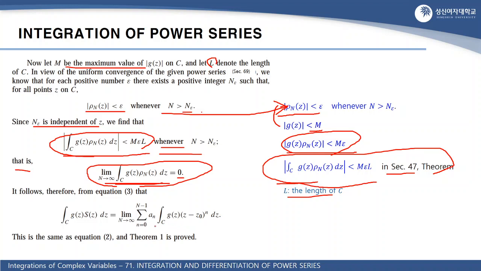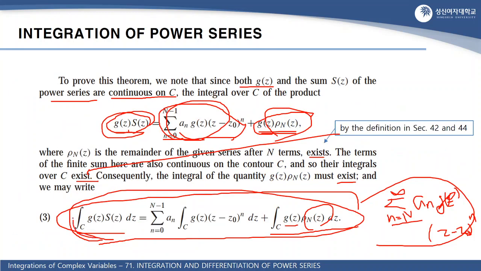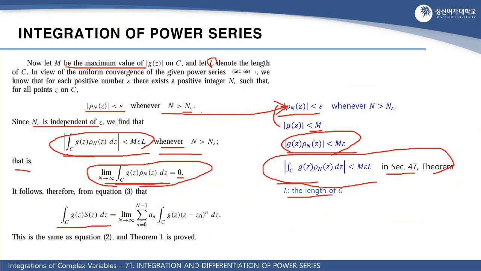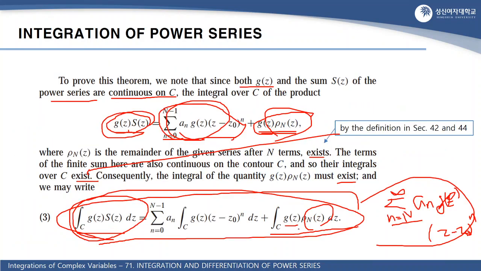So here, the integral along the contour C, g of z times S of z dz, which is this left hand side, equals the limit as N goes to infinity, because this part will be 0.